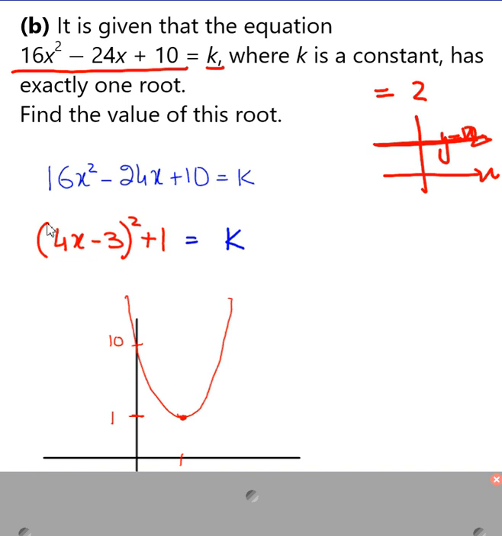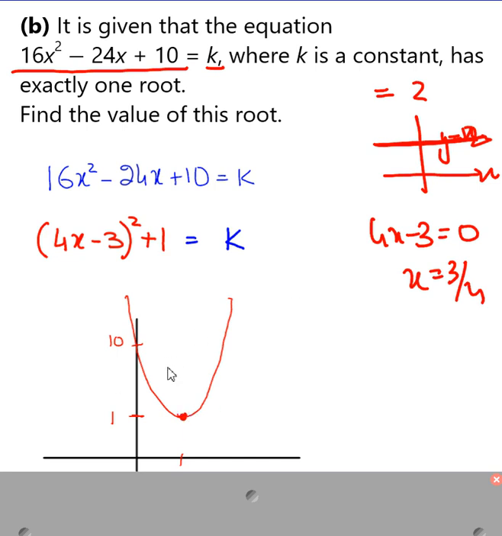I'm only talking about this red portion because this gives us turning point 3 upon 4 and 1. Am I right? If you put this equals to 0, I showed you in the recall thing. So x is equals to 3 upon 4. This is your x coordinate of the turning point, and it is 1. So this is your turning point.